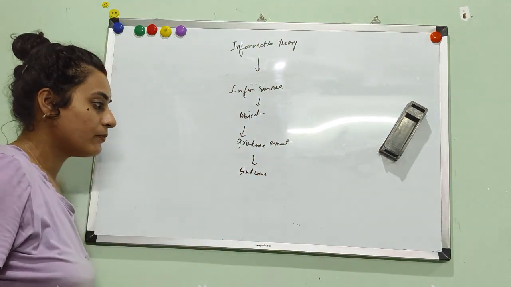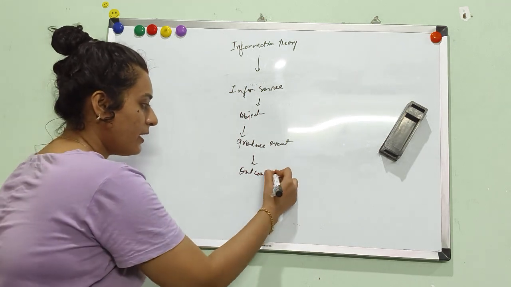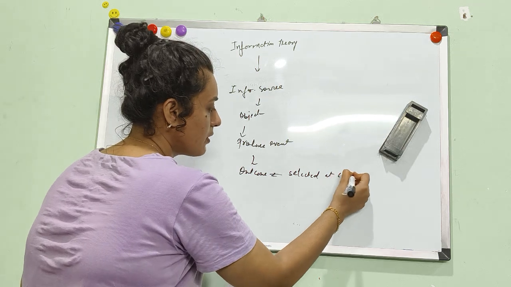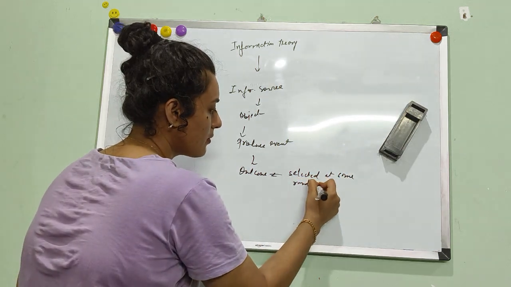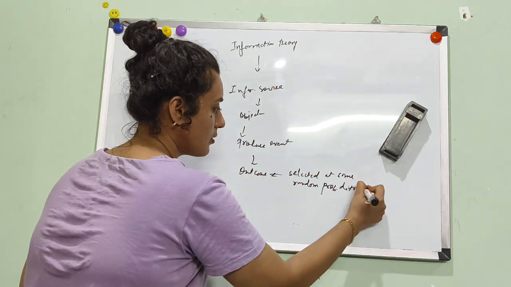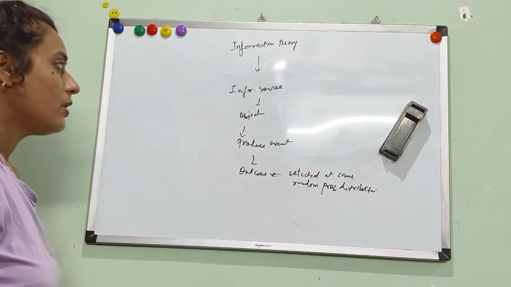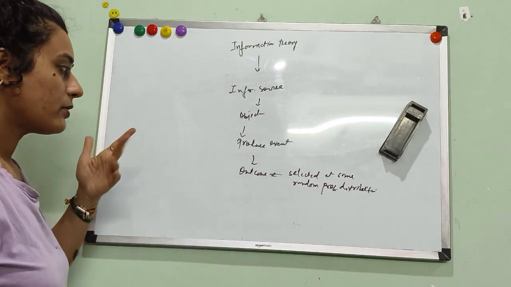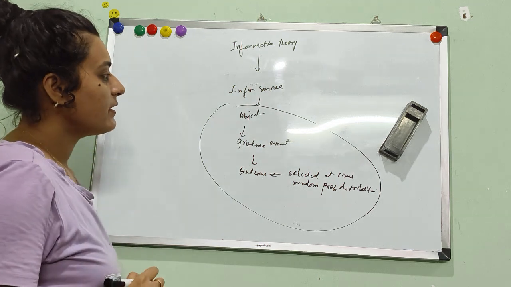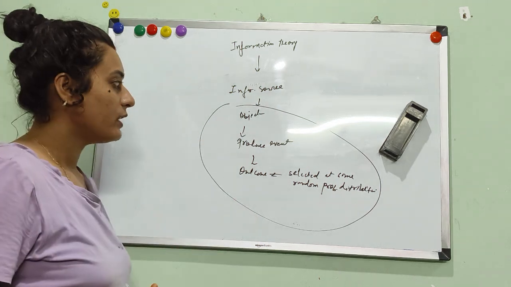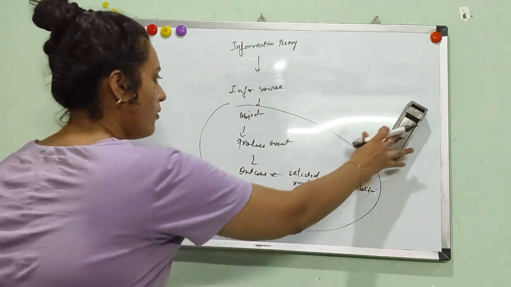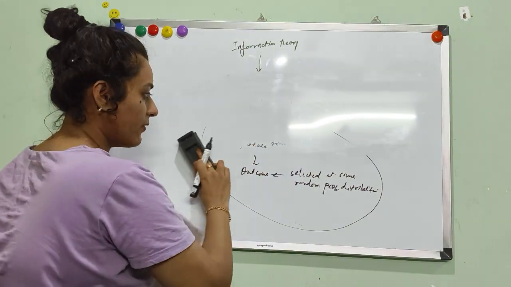Here it will be an outcome selected at some random probability distribution. So this is called the information source, and with the help of these steps, I am making it more clear, the information source theory.